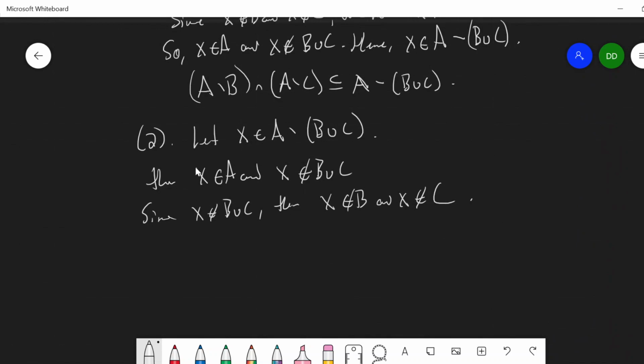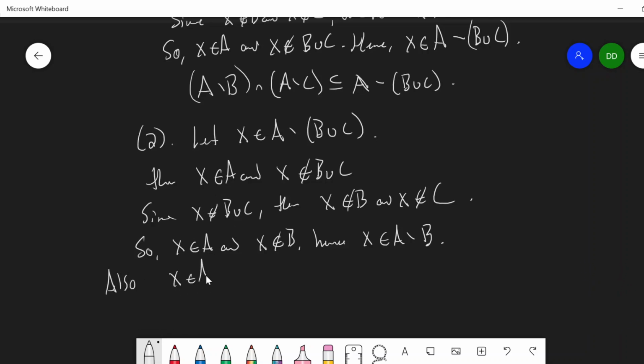So I have x is in A, and I have x is not in B. So x is in A, and x is not in B. Hence, therefore, x is in A minus B. Also, we have that x is in A and x is not in C, right? We have x is not in C right there.